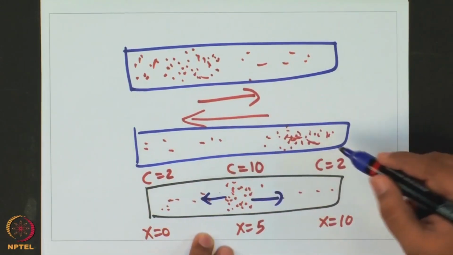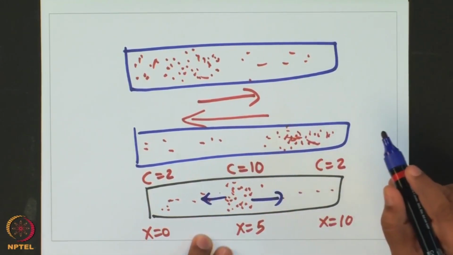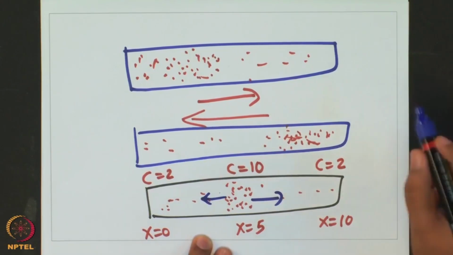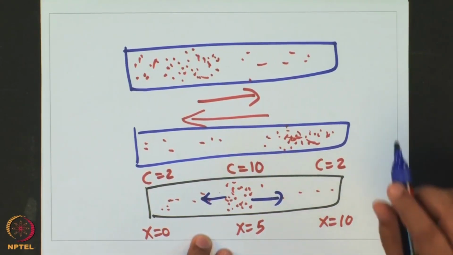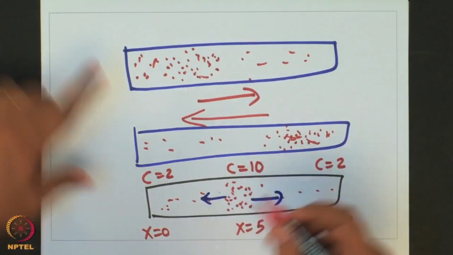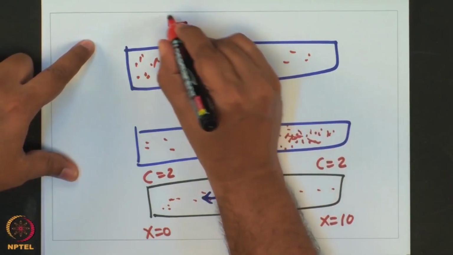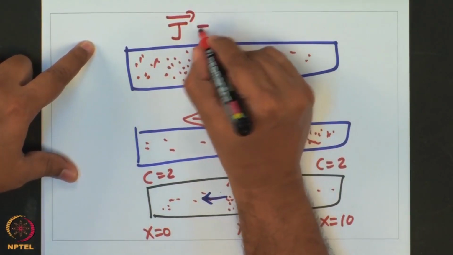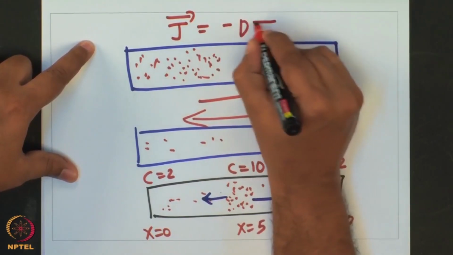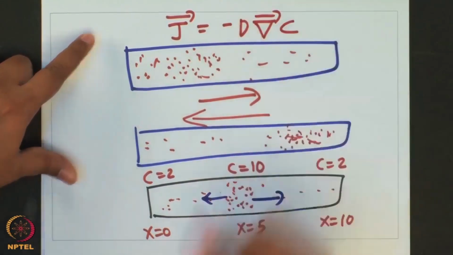All of these three different situations should be describable by just this one equation which we just stated, which is that the flow with a particular direction is minus D del c.